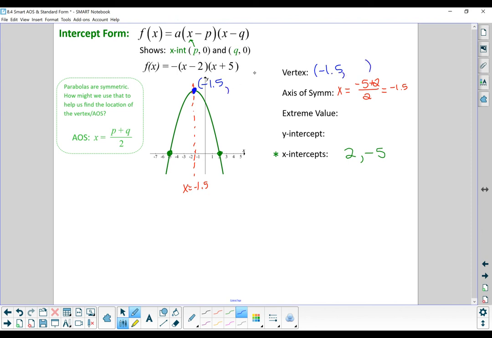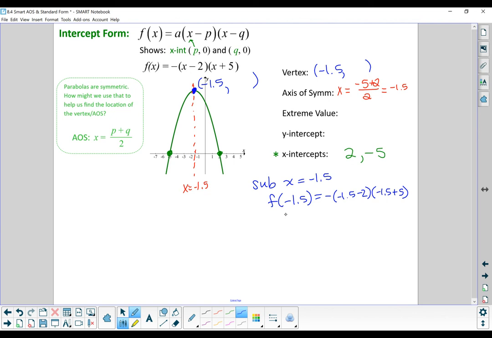So to get the y value, we're going to sub in x equals negative 1.5. So f of negative 1.5 is equal to negative, then we have our x value minus 2, and then our x value plus 5.